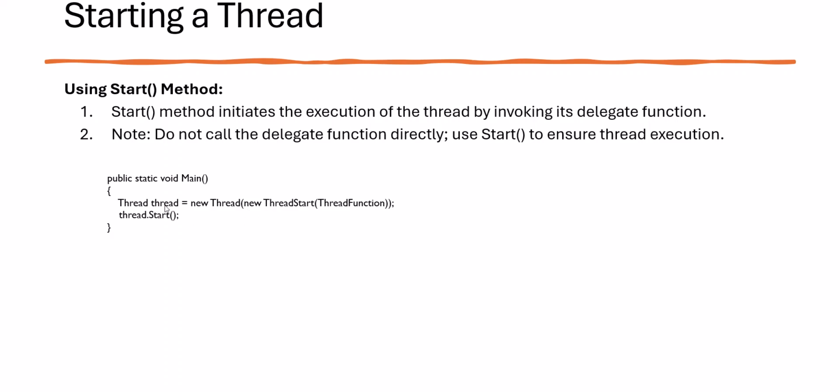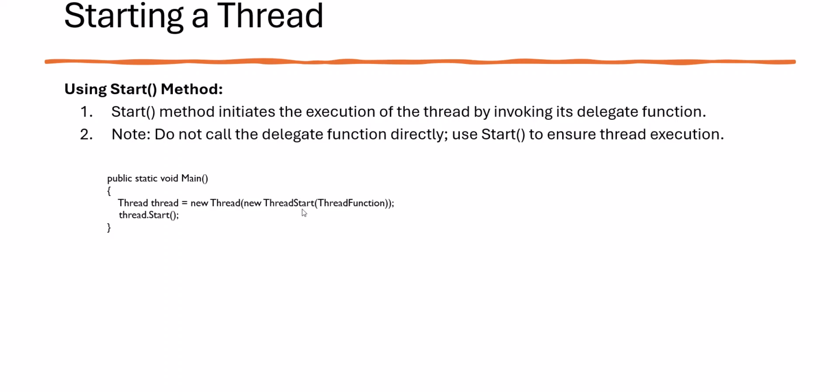When we create a thread with new ThreadStart and the thread function, this statement will create an instance of the Thread class. But here ThreadStart is a delegate in C# defined to point to a method that takes no parameters and returns void. That's when we use this new ThreadStart object.